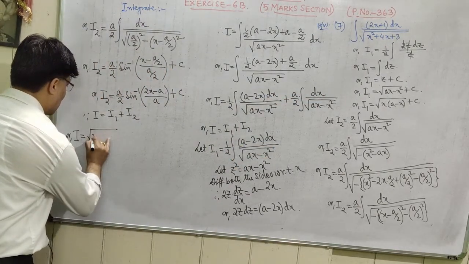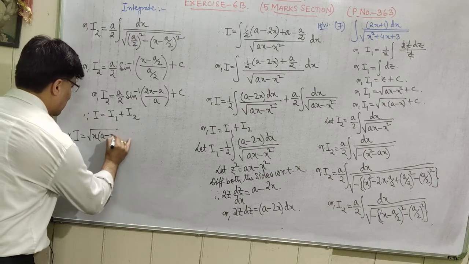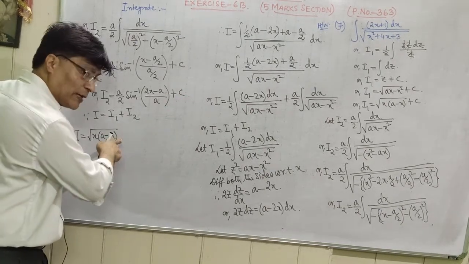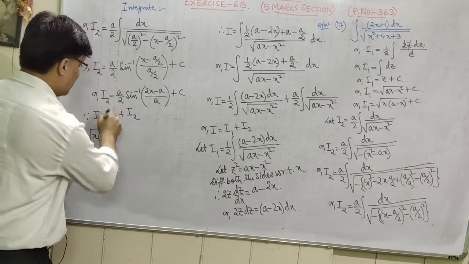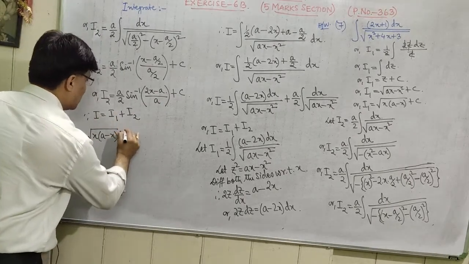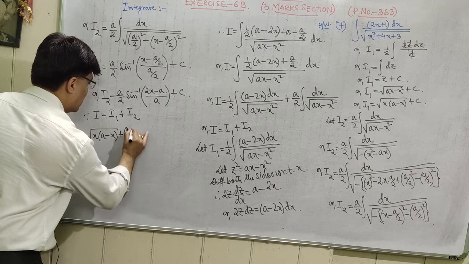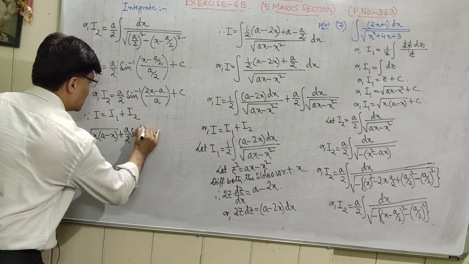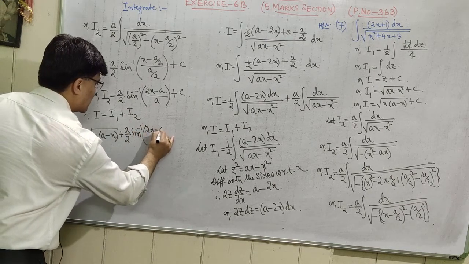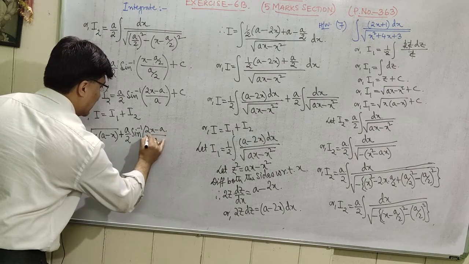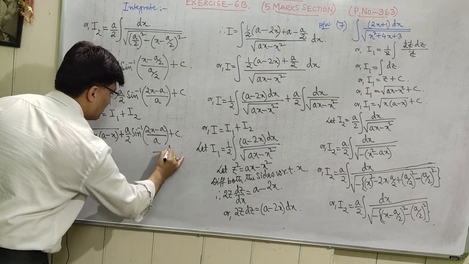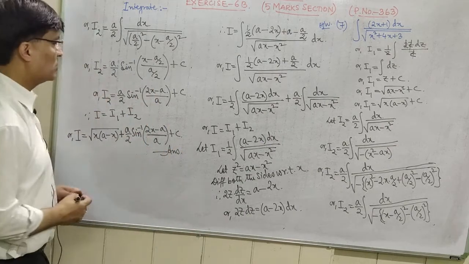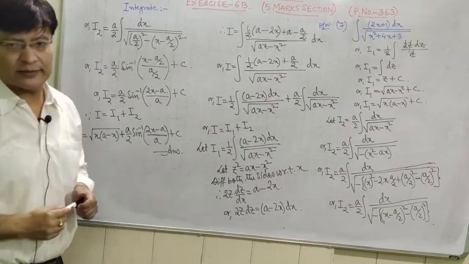You don't have to write plus c here. Plus what is I2? It is a by 2 sine inverse within bracket 2x minus a divided by a, bracket closed. Then we can write plus c. So this is the final answer.